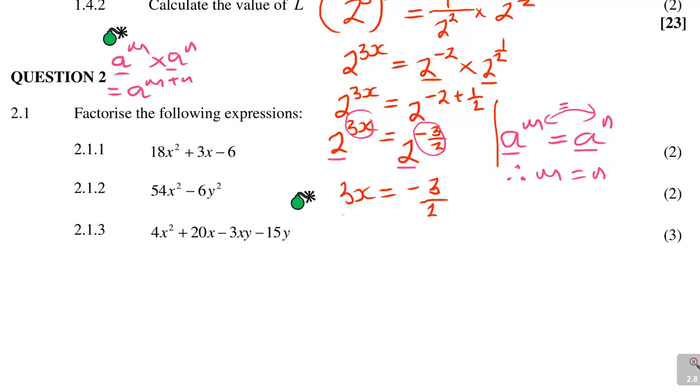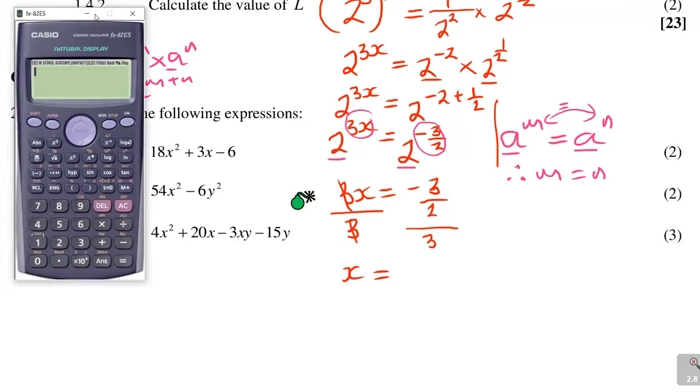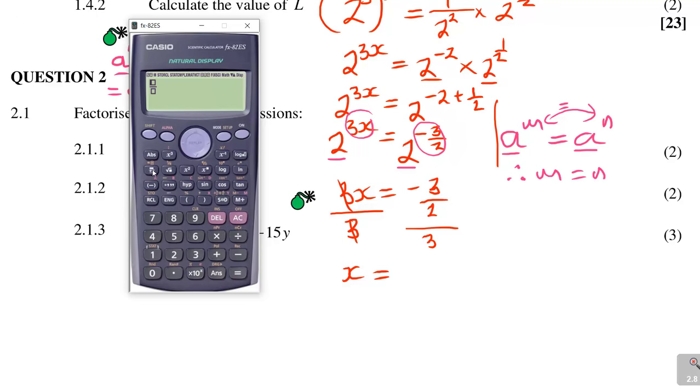How do you solve for x? You divide by 3 on both sides. Again, just rely on the calculator. x is equal to, but you need to be careful how you punch this. Sometimes students get confused on how they do this. First, you have that fraction, it's negative, 3 over 2, that is on top, and that is the one that is divided by 3.